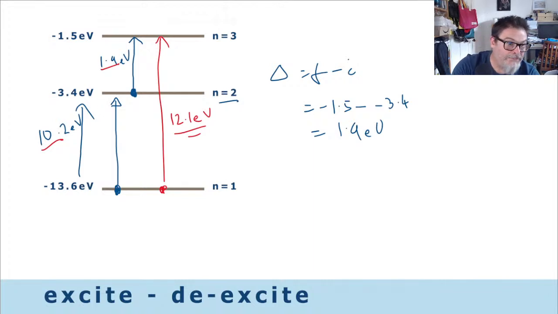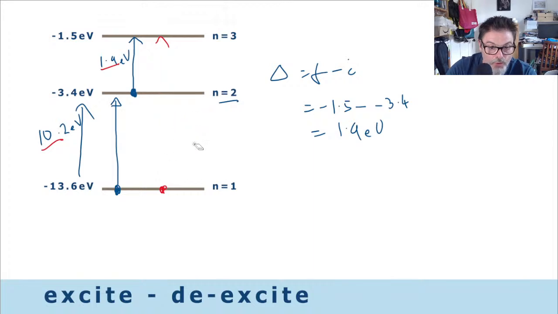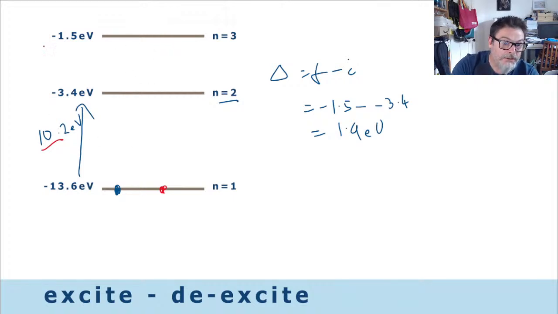Righty-ho. So a bit later this could do the opposite. Let's work it back the other way now. Let's suppose we've got an electron sitting, and I'm just going to put that 1.9 back there, just so we've got it. So we've got an electron sitting on level 3.